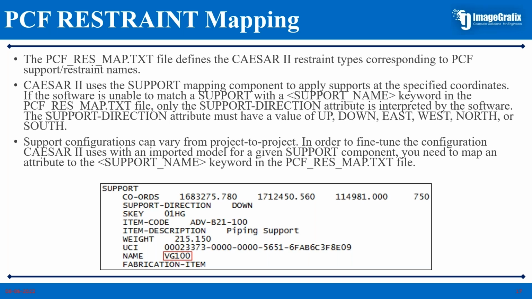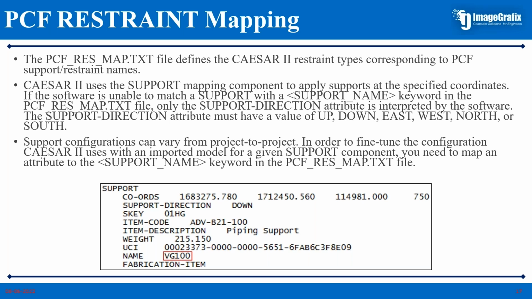So based on the support which the CAD engineer provides me, I will provide a support restraint mapping, and this restraint mapping is one-time work because within an organization, the code for the restraints would be constant. The only thing that might change is the tag numbers, from project to project, but the major concept, the name of that support, would remain constant.